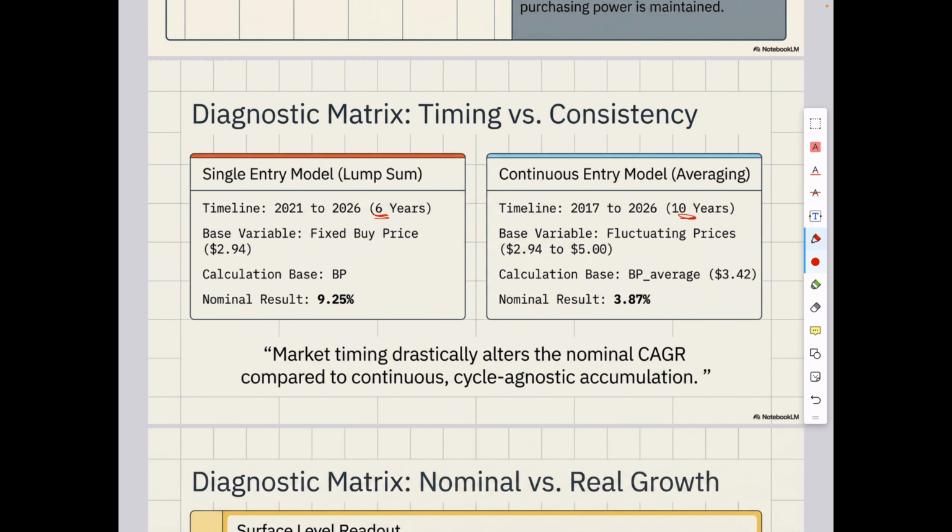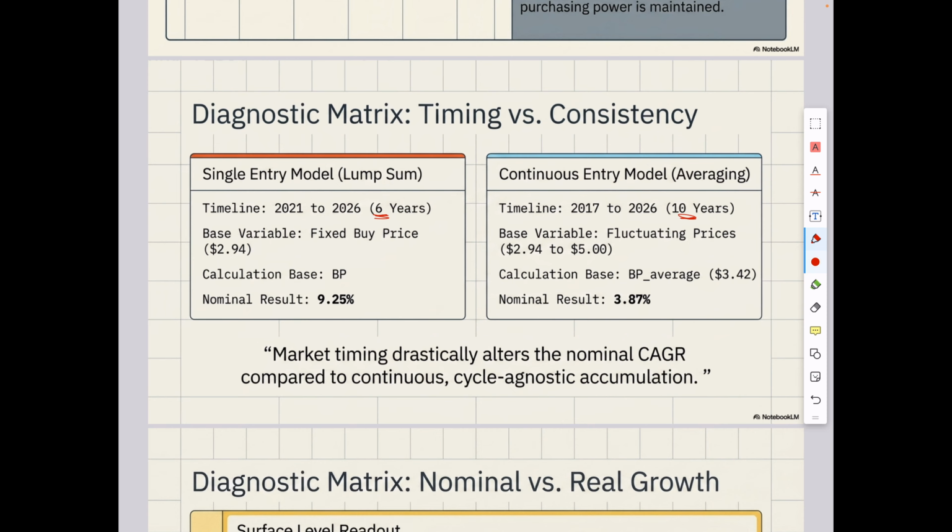Making that explicit, market timing drastically alters your nominal CAGR compared to the continuous cyclic annualistic accumulation. Of course, if you put one lump sum in, you may seem like your nominal rate is high, but there's a risk. Why?